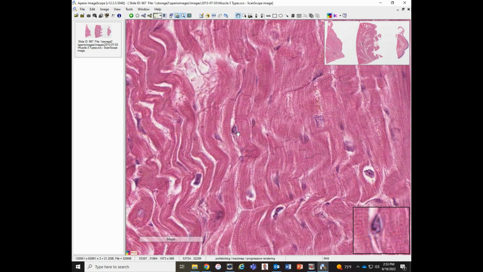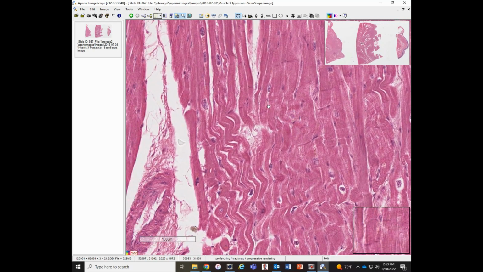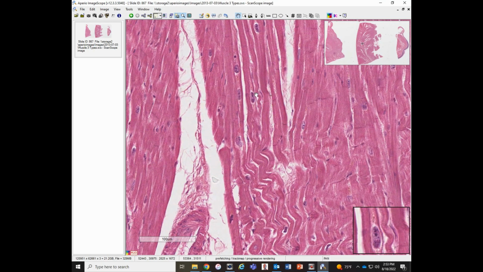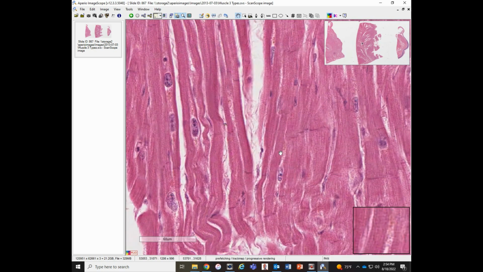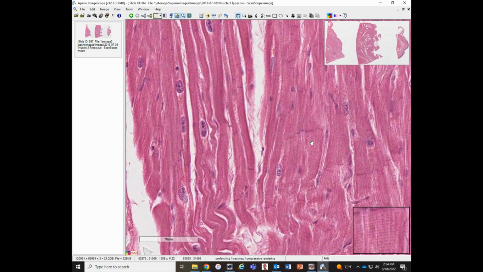Hallmarks of cardiac muscle are we have these nuclei right here that are going to be a little more centrally located. They're inside the actual fibers of the muscle. We can see the striations here. We've got the dark and white lines, the A line, dark, the I line, light, present.